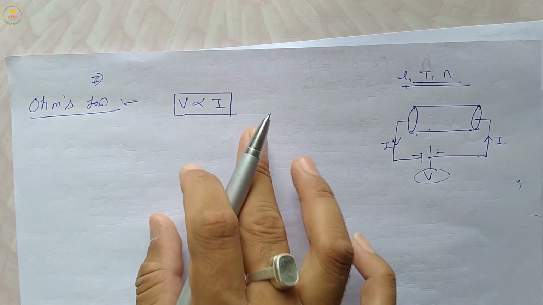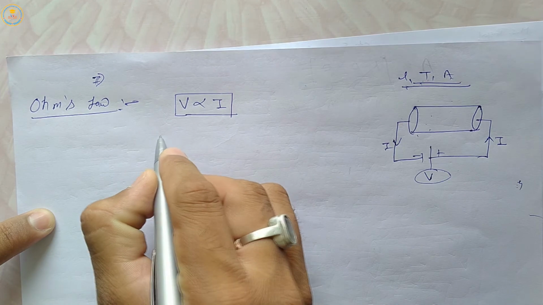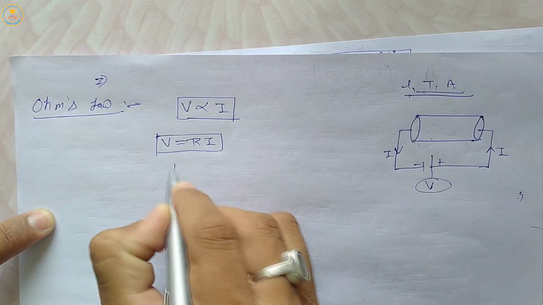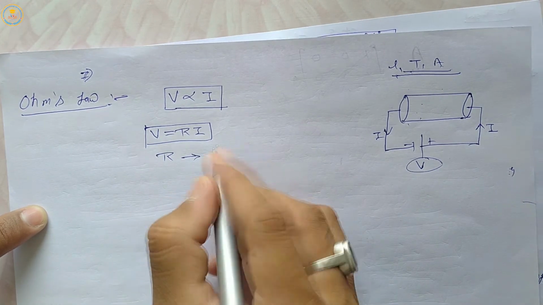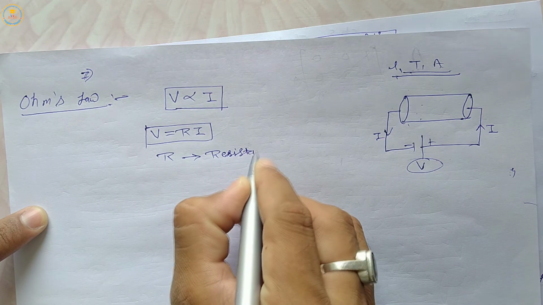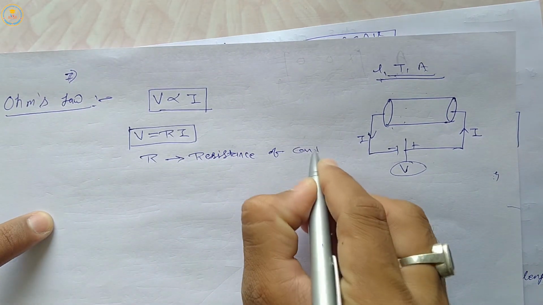So V is directly proportional to I. If we remove the proportionality sign, then V is equal to RI. Here R is a proportionality constant and it is known as the resistance of a conductor.